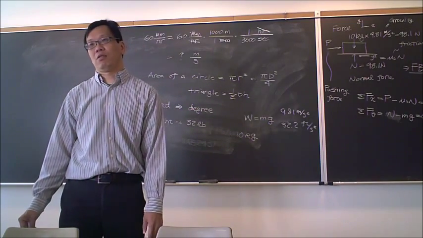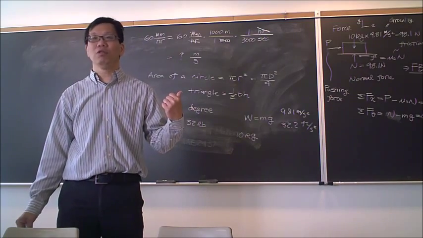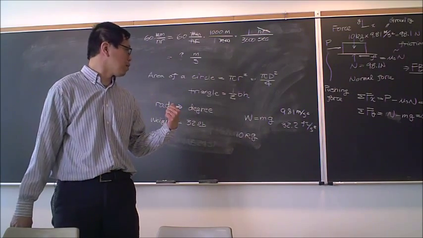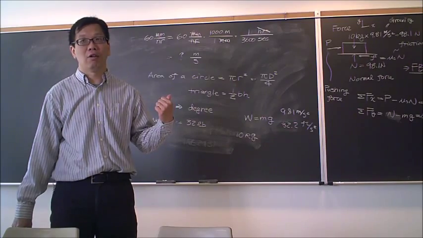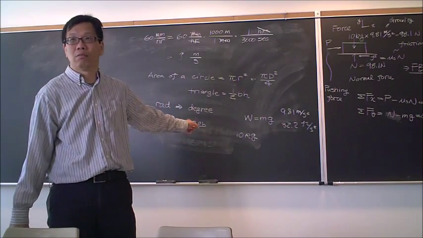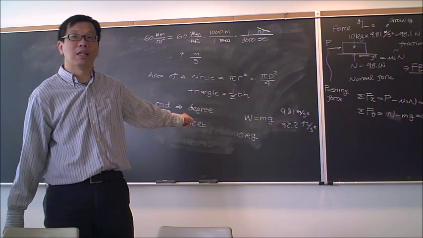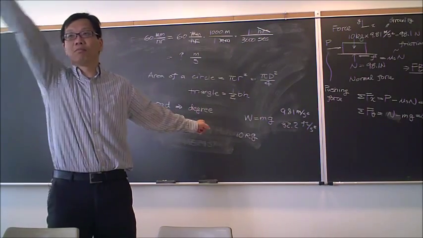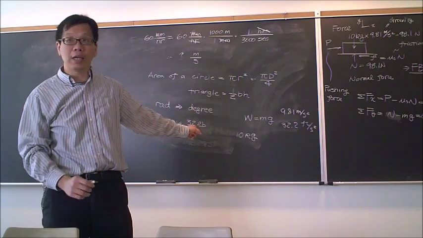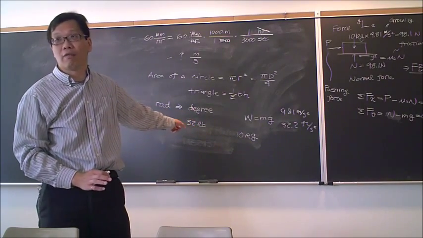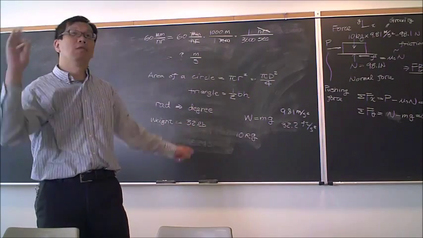What is the force of this one? Do you need to multiply 32 by 32.2 again? Or is this the force already? How many of you say you need to multiply the number by 32.2 again? Raise your hand. How many of you say 32 is a force already? Raise your hand. Very good.